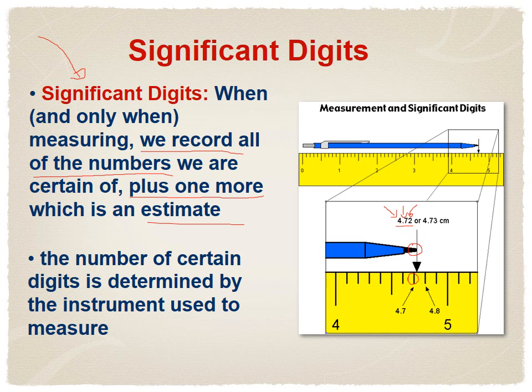It's 4.72 plus or minus 0.01, so it might be 4.73. It's like saying 4.72 give or take a few, because you're expressing that there's some uncertainty in your measurement, and there's always going to be uncertainty in measurements when it comes to science. So we need to be able to count the number of significant digits in numbers and measurements that we see.